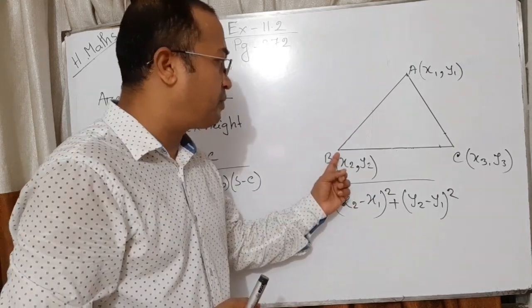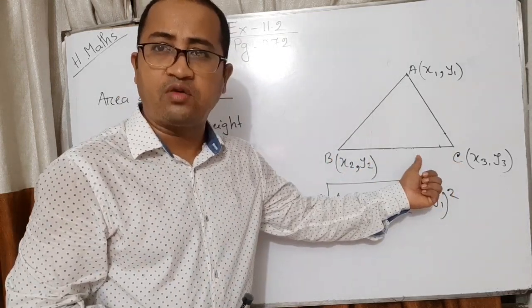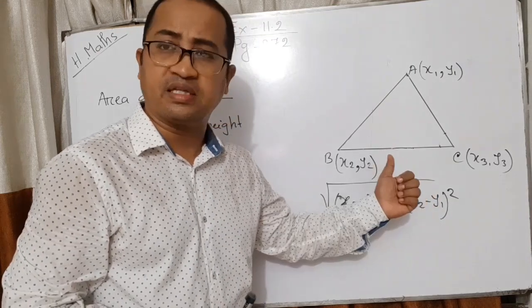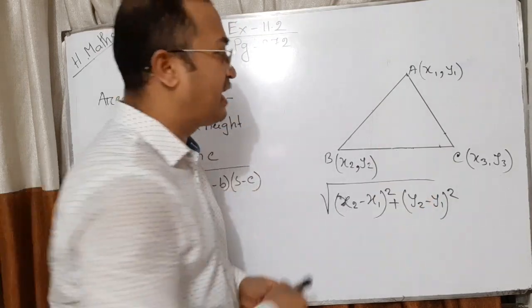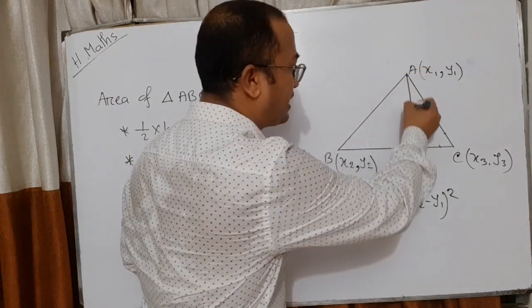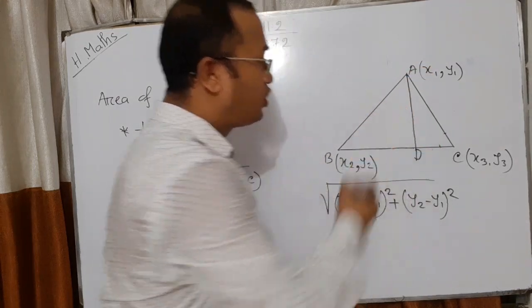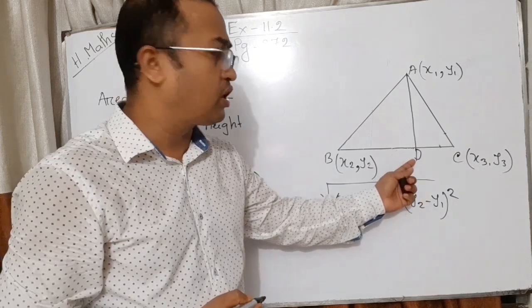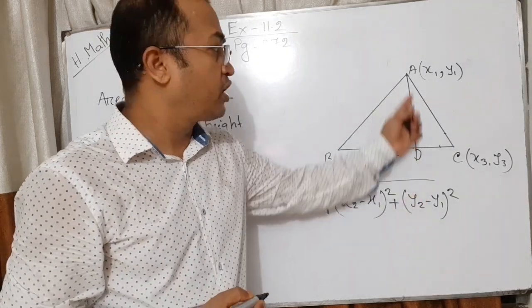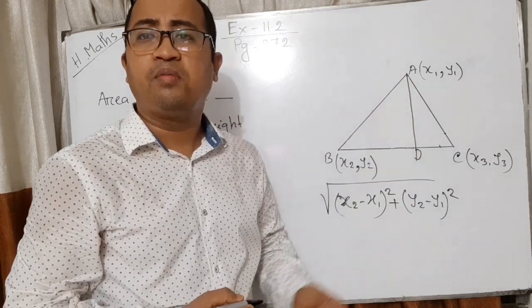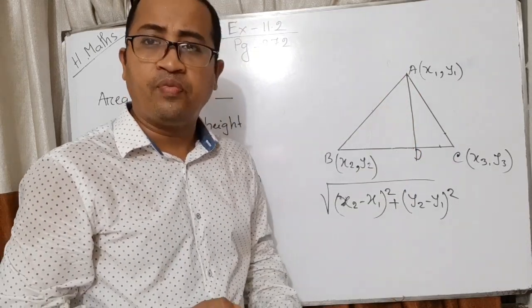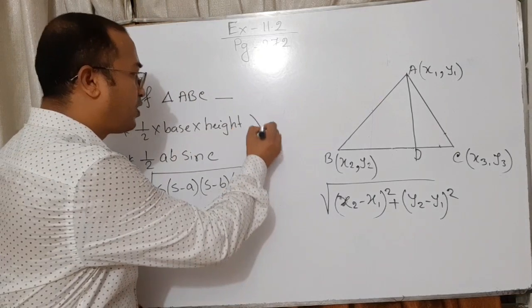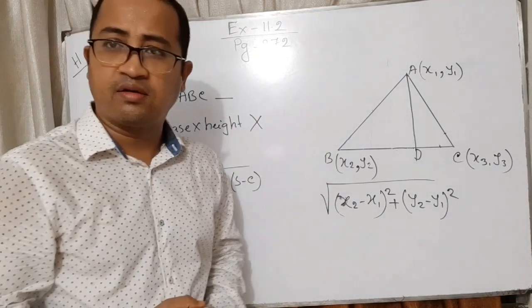You know the end points B and C, so you can find out the length of BC. But can you find out the height AD? Look, we don't know the coordinates of the point D. So we cannot find out the height by using this formula, and we cannot use this formula in this case.